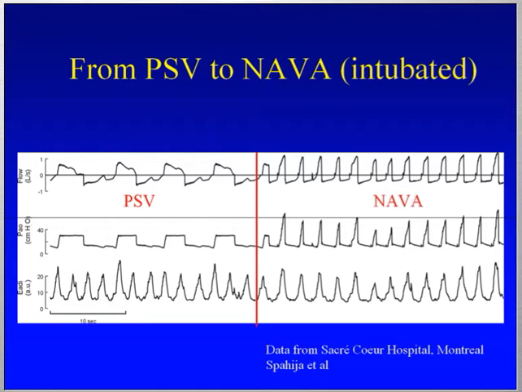So you have here a neural inspiration, and the ventilator is still delivering the assist. And all we did here was we flicked a switch. We have a controller switch, so we went from pressure support to NAVA just by changing one button. And as you can see here, we were able to immediately restore the synchrony of this patient.